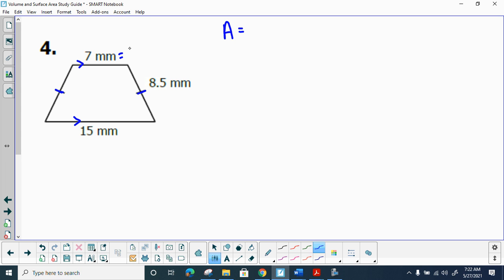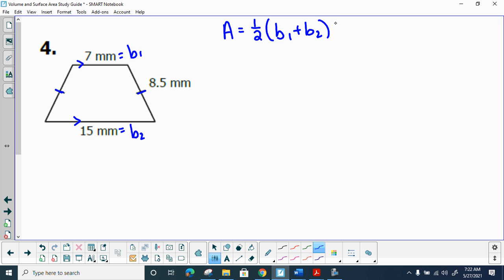So we have a base 1 here, a second base here. So to average those, I would have to add them together and divide by 2. So add the two bases, divide by 2, or multiply by 1/2.